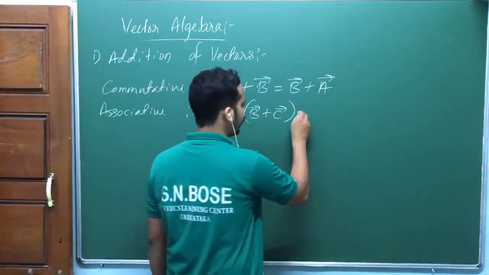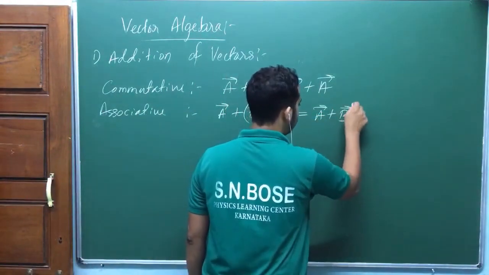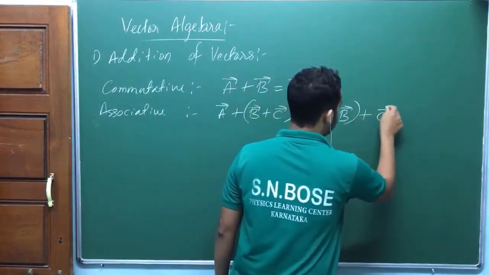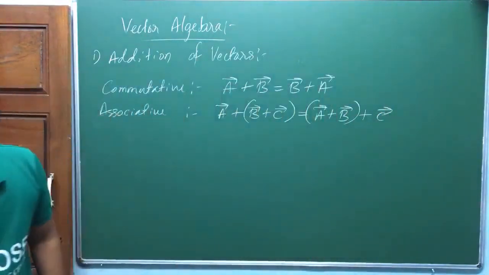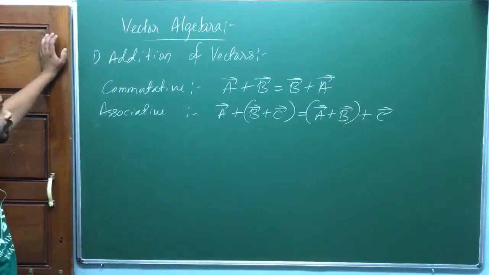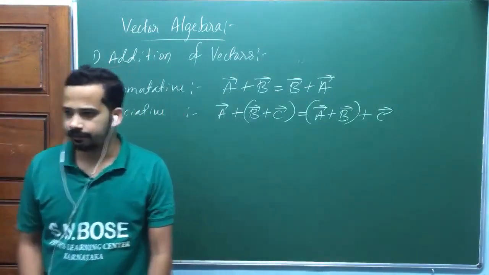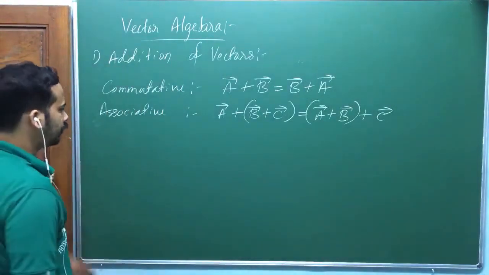That's what the associative law says. Vector A plus vector B plus vector C. Is that okay?